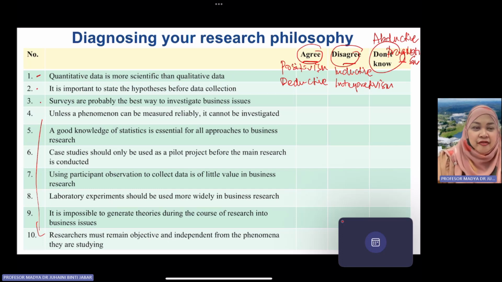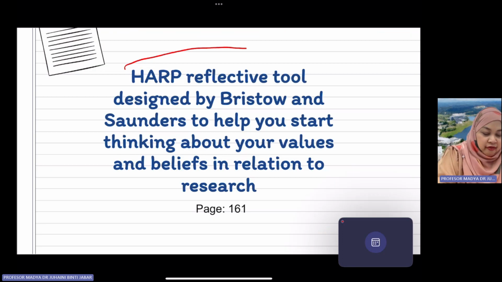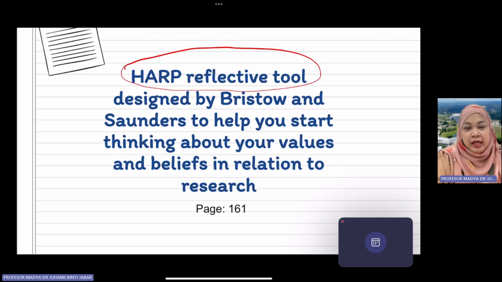But this one is just a very surface type of diagnosis. If you want to go in-depth, you have to do the HARD reflective tool. The HARD reflective tool is on page 161, and you can do that. Take some time. You have to be very focused. Think of your topic, your research objective and research question.